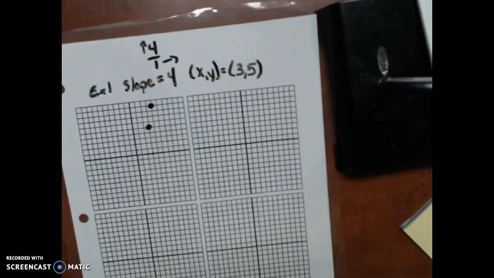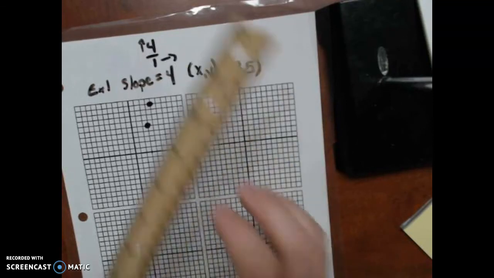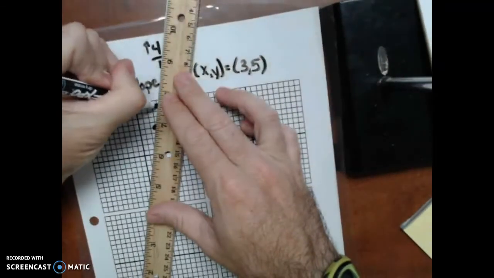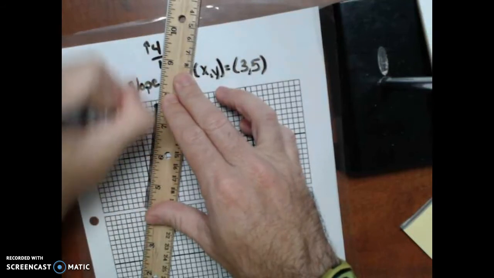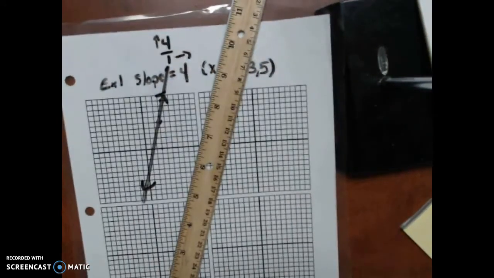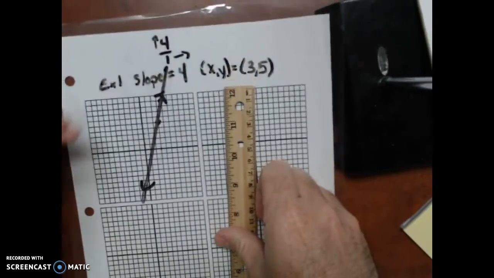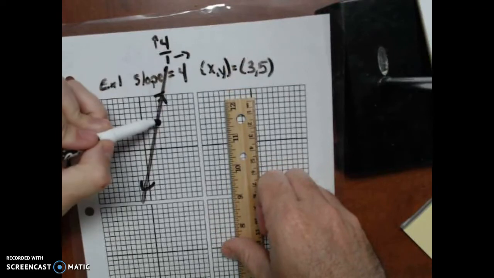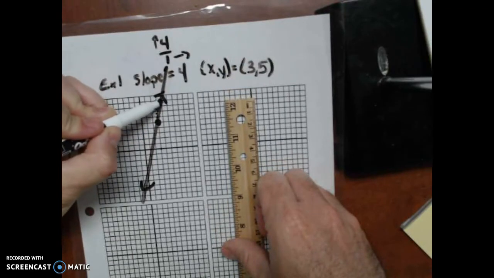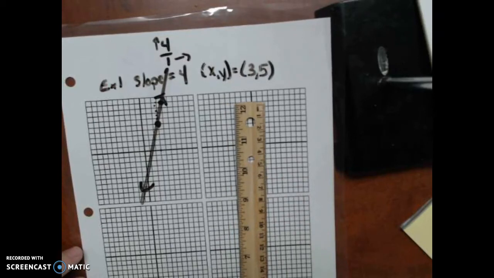And there is our second point. Step 3, get out a straight edge and draw a line through the points. You can take 2 bits of information, the slope and a point, trace it out, find the other point, and draw a line through those 2 points. Example 1.